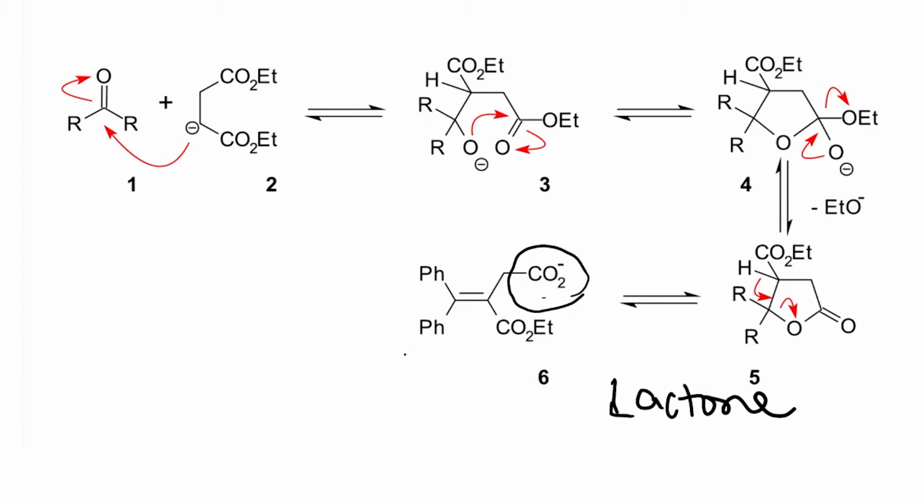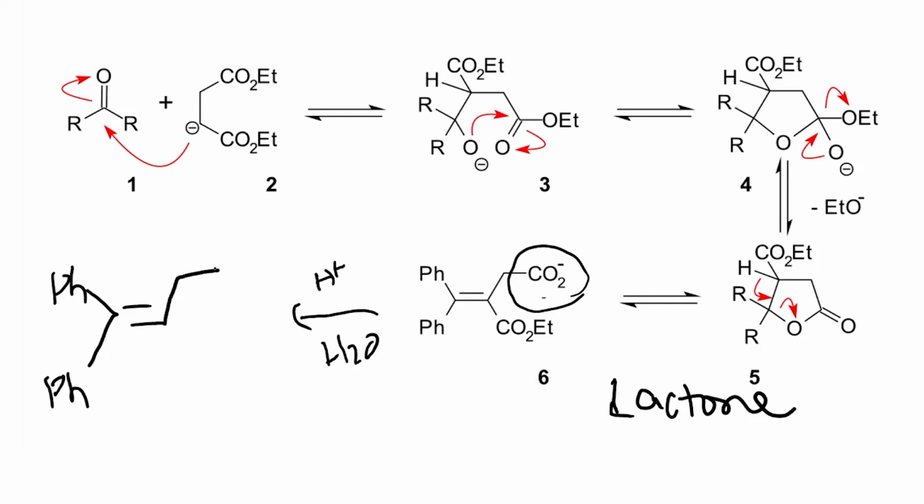The final product has an olefin in it as well as a carboxylate. Now, when you add H3O plus, H plus and water, under neutralizing conditions, the product that is formed is this COOH and C double bond O OEt.